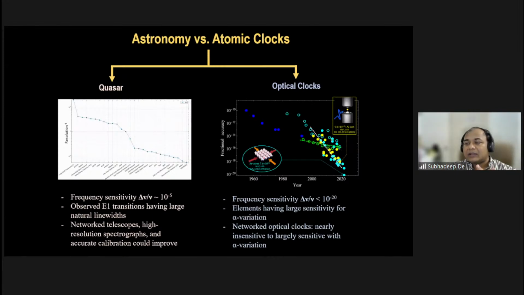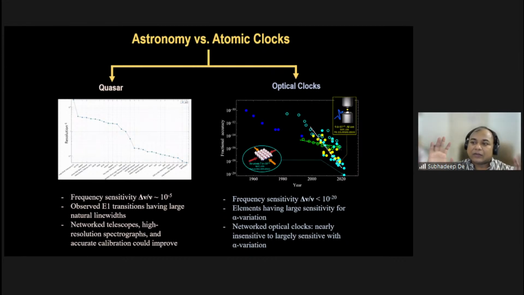But that doesn't mean that one should not do quasar absorption studies, because that has a different type of physics inherent in it compared to optical clocks. There you are looking at spectra which have seen alpha variation on their way, whereas in an optical clock, you are comparing some present event. So if in the end we have to conclude whether alpha is varying or not, we have to study it in all different possible ways, and finally all of them should give the same answer.